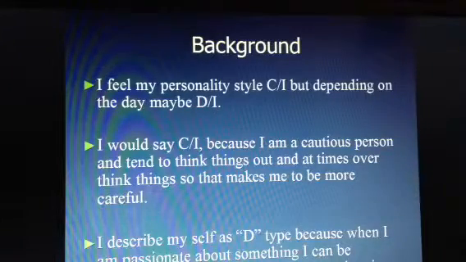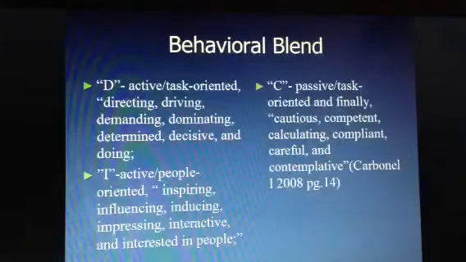Background. I feel my personality style is CI, but depending on the day, maybe DI. I would say CI because I am a cautious person and tend to think things out, and at times overthink things, so that makes me more careful. I describe myself as D-type because when I am passionate about something, I can be demanding and determined about the situation.